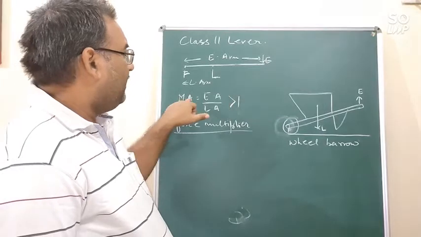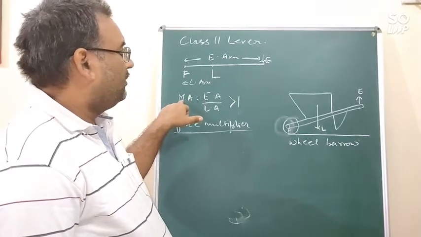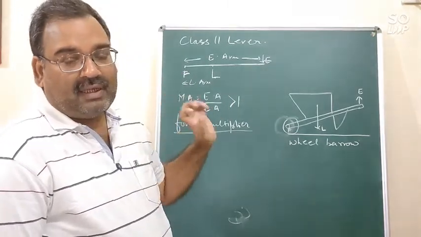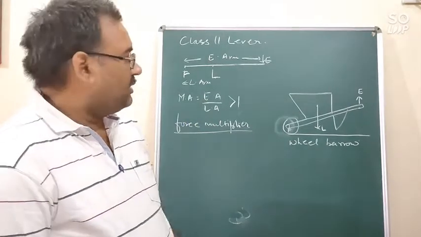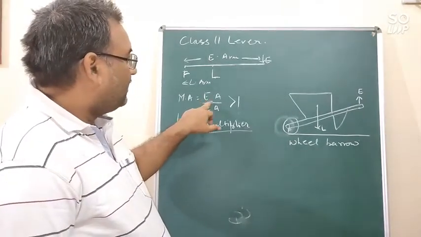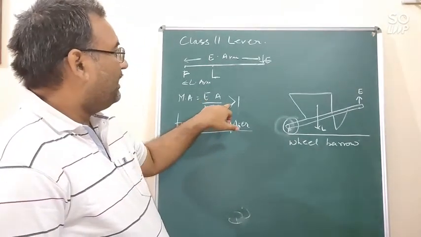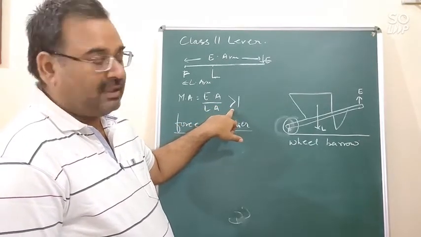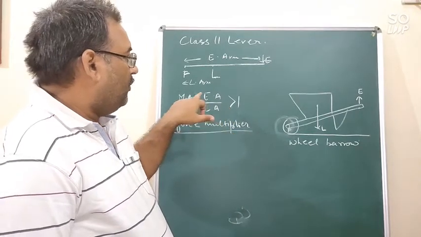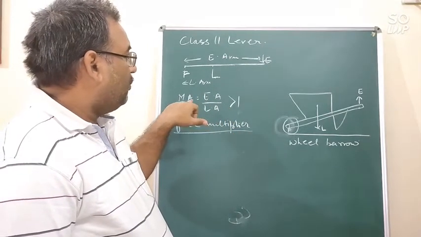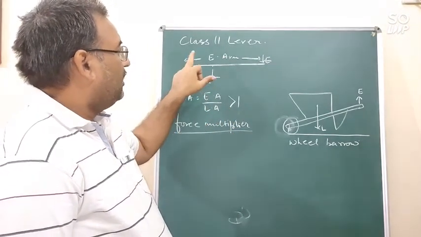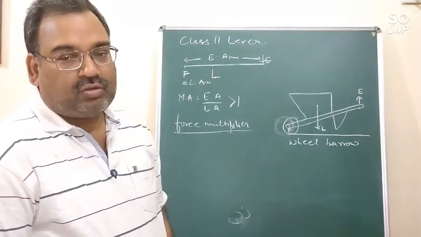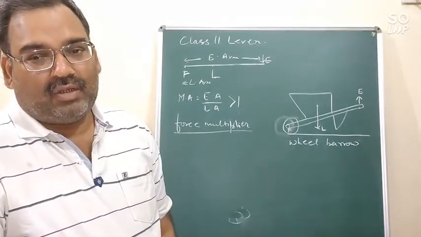So we have the mechanical advantage. Mechanical advantage formula is effort arm upon load arm. Since the effort arm is always greater than the load arm, the mechanical advantage of second class lever is always greater than 1. Now, velocity ratio. The velocity ratio of this second class lever is also always greater than 1.